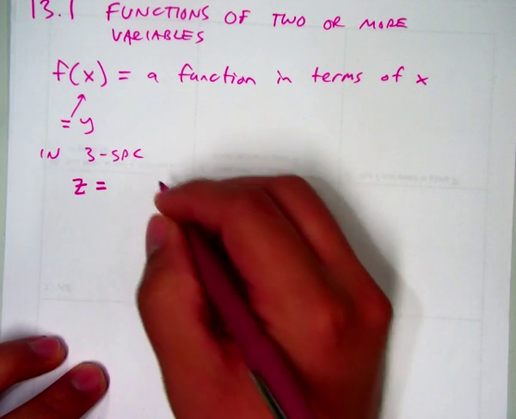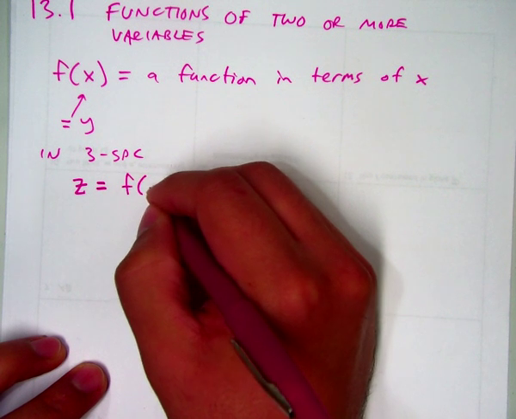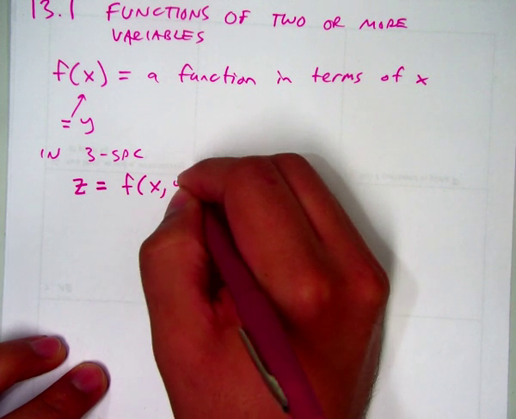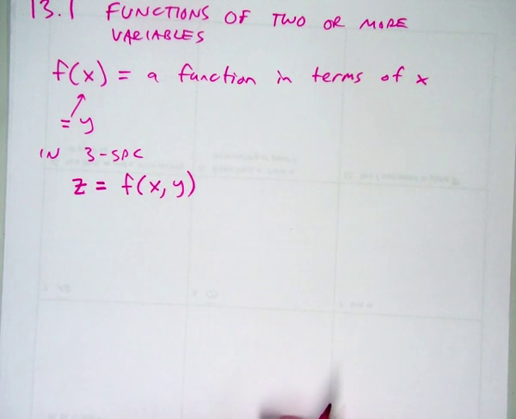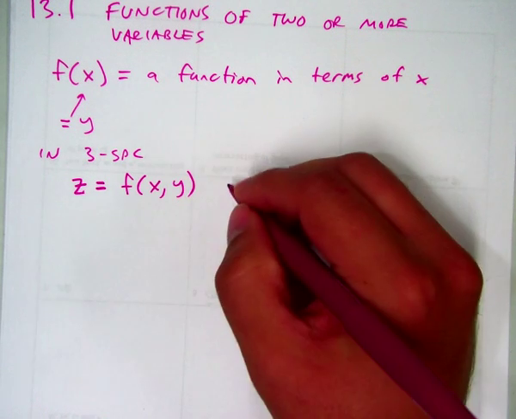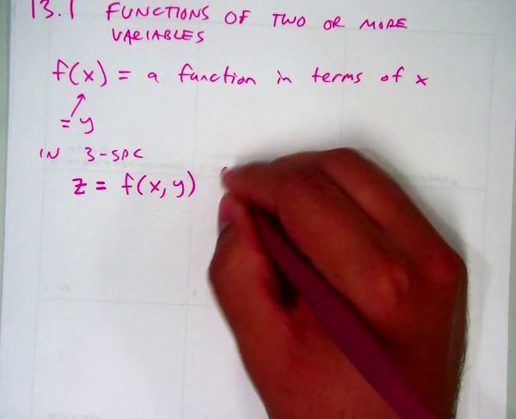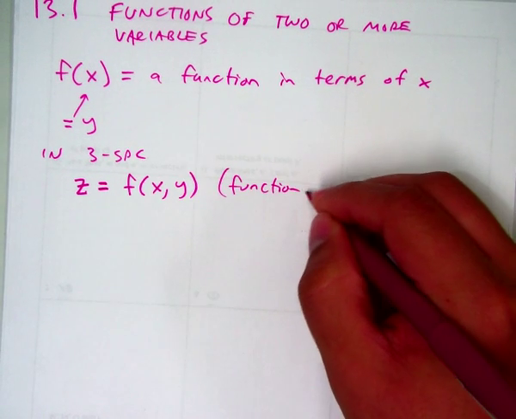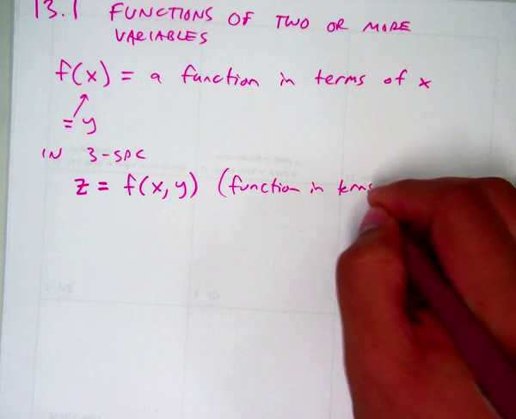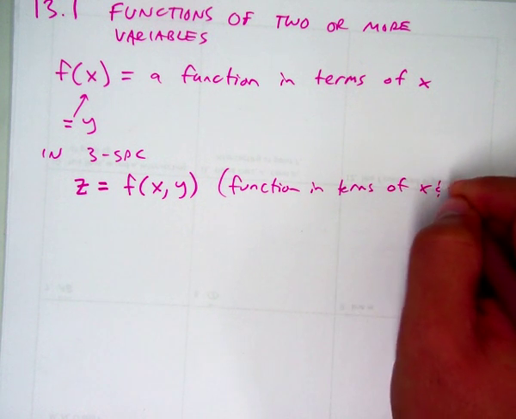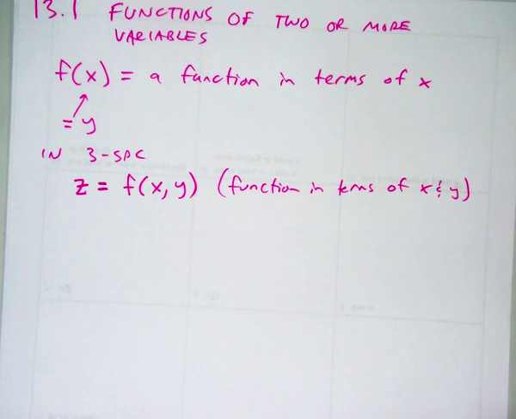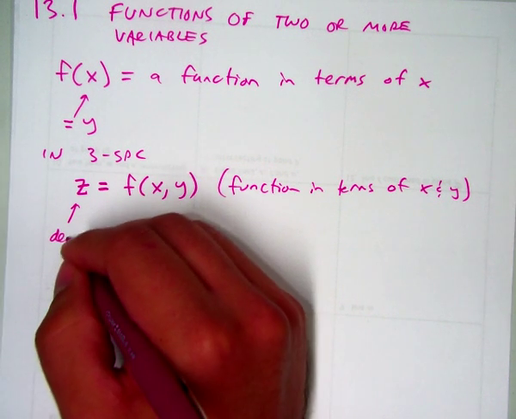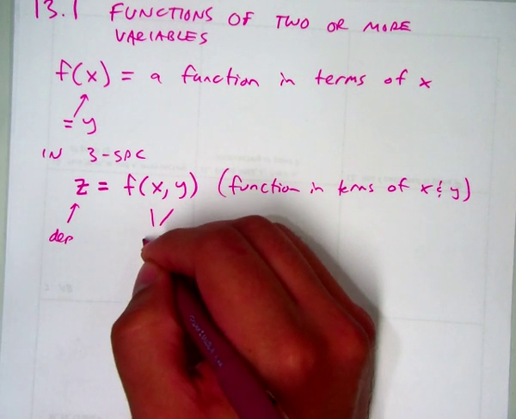And now that will be defined as a function in terms of x and y. So this is the common notation that you're going to see. So this is a function in terms of x and y. This is dependent, and then these are your independent variables.